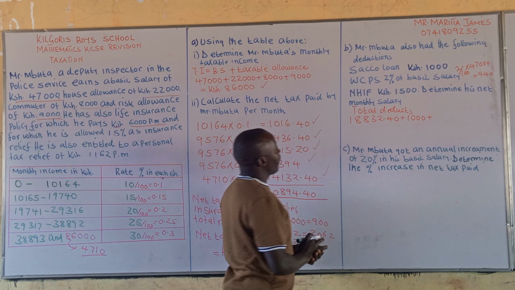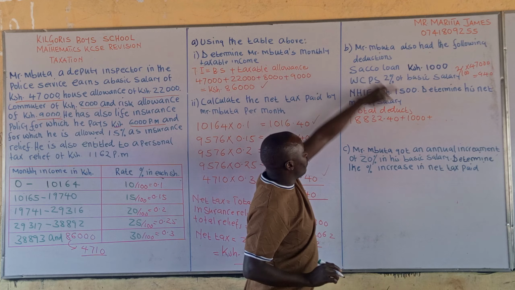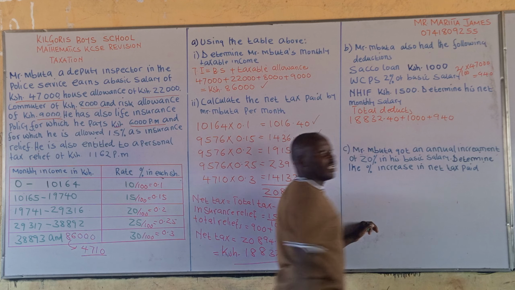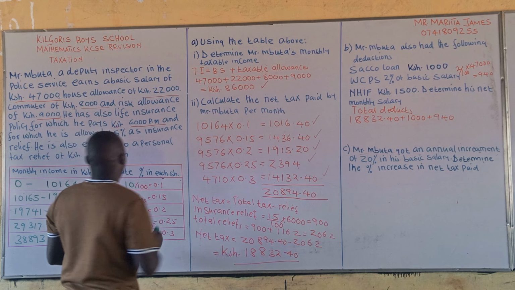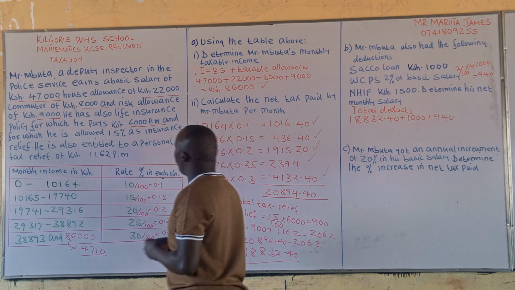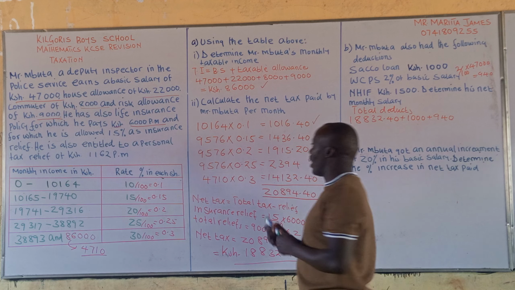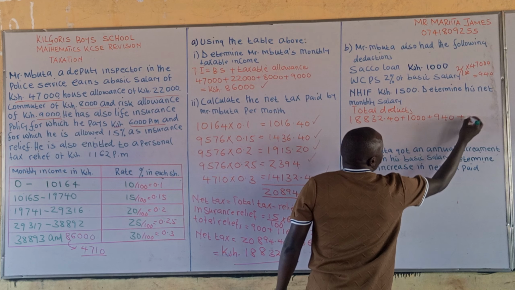Then we have the WCPS 2%, which is 940. And he has a life insurance policy where he is paying 6,000 per month, so plus the 6,000 here.